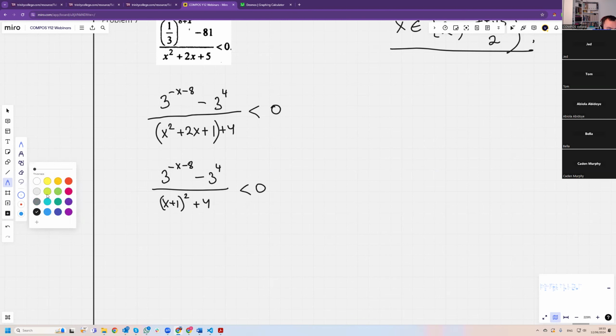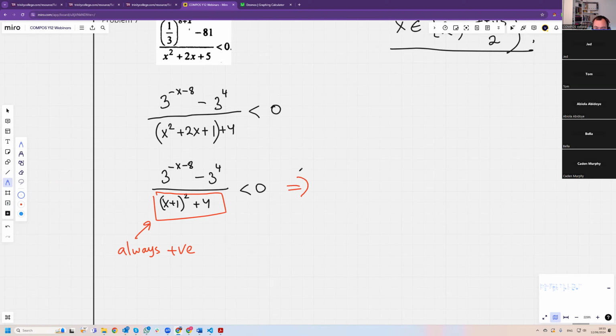Now, this bottom thing is always positive. Always positive. Therefore, the whole thing is equivalent to 3 to the power minus x minus 8 minus 3 to the power 4 less than 0.